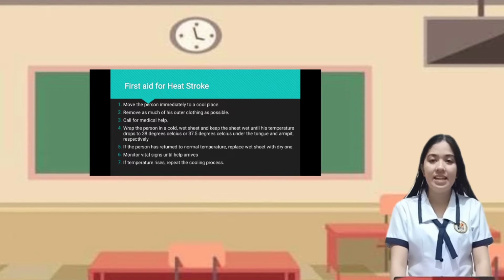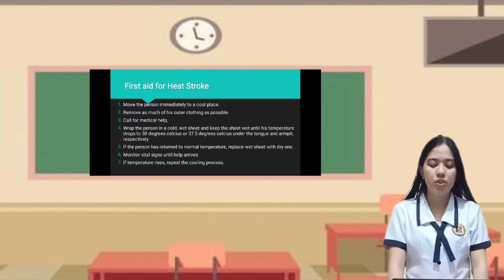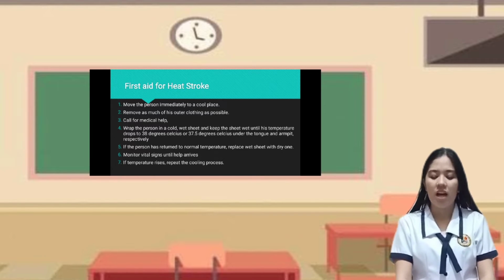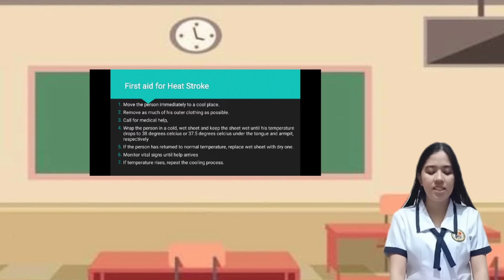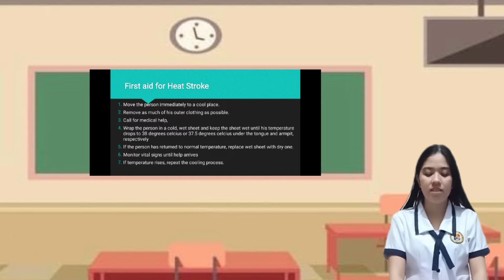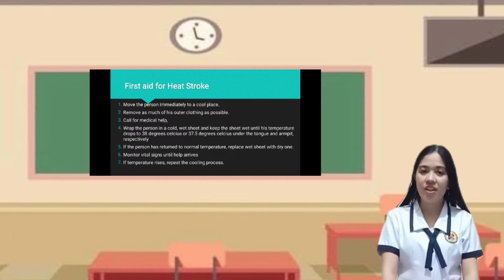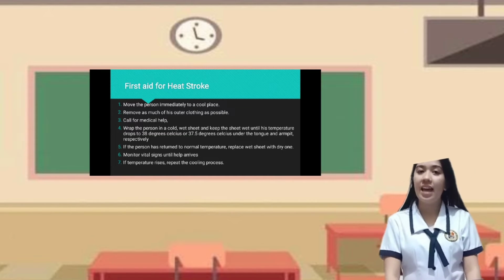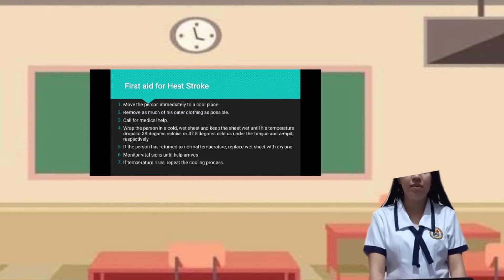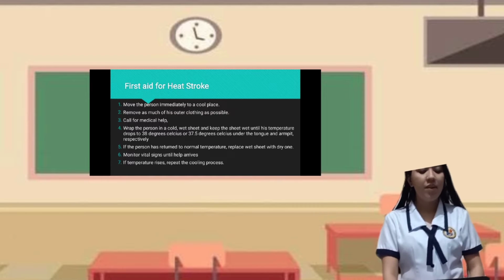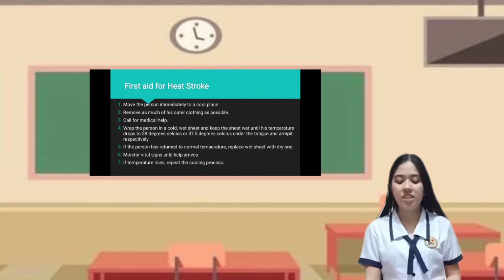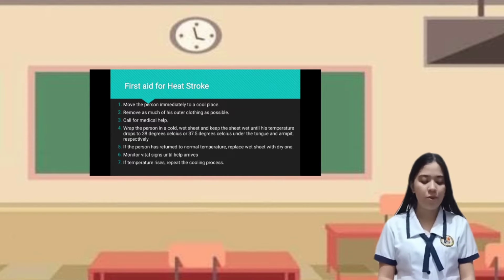Call for medical help. Wrap the person in a cold, wet sheet and keep the sheet wet until his temperature drops to 38 degrees Celsius or 37.5 degrees Celsius under the tongue and armpit, respectively. Number 5, if the person returned to normal temperature, replace wet sheet with dry one.